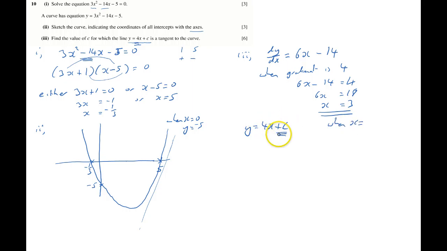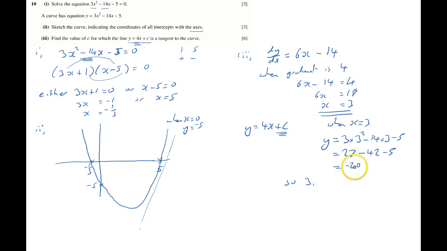So when x equals 3, y, because it's on the curve, equals 3 times 3 squared minus 14 times 3, take away 5, which equals 27, take away 42, take away 5, and that equals minus 20.